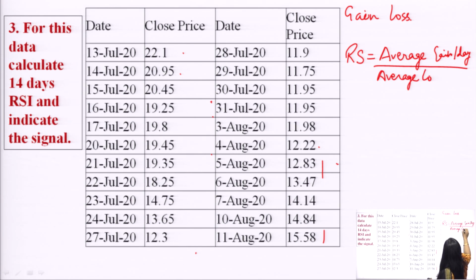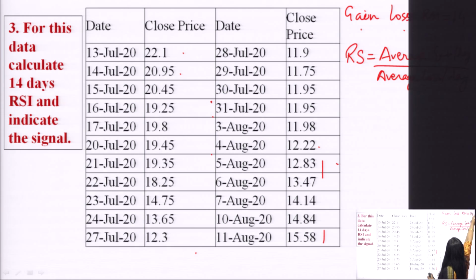So, what is the methodology? How will we calculate this RSI? We will calculate gain per day, loss per day for all these days. These are around 23-24 days. We will calculate for each day, and then we divide. We take a sum of all the gains for 14 days, since RSI is always calculated for 14 days.